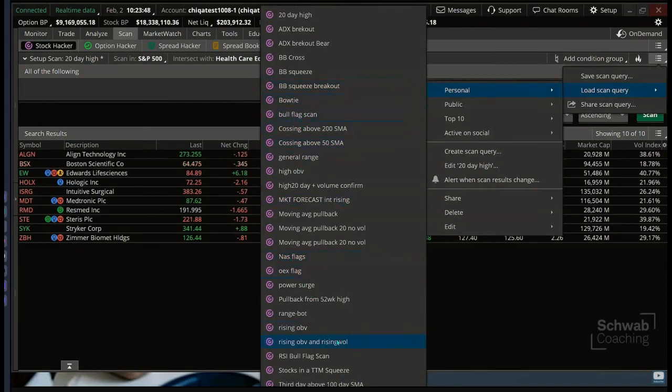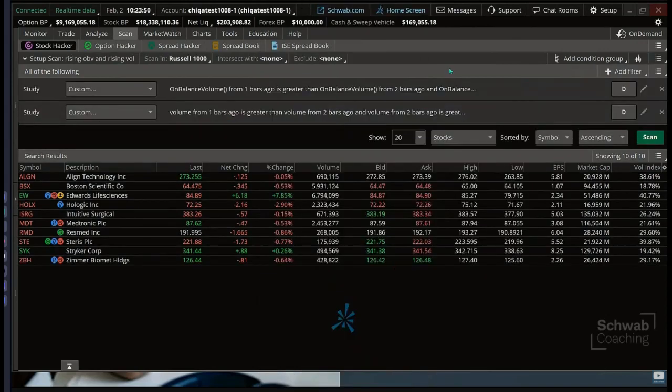right? Rising OBV and rising volume. So that's already done. Now we can just add the setup. So you've got this volume scan, and on top of it, you can put whatever setup you want to do. So let's add that 20-day high in here then.